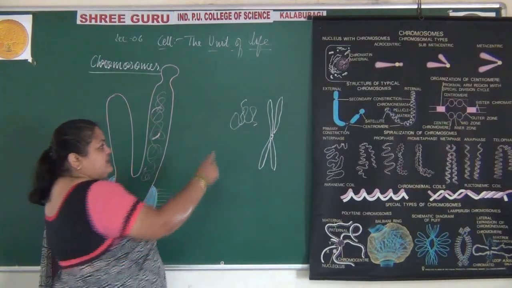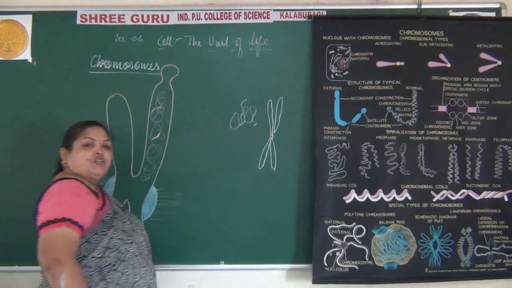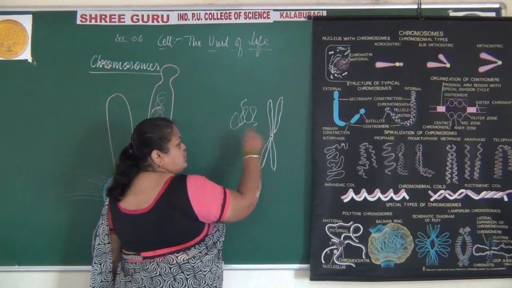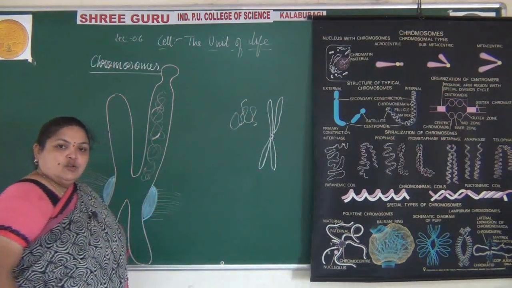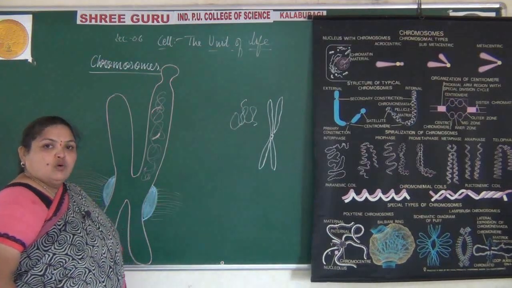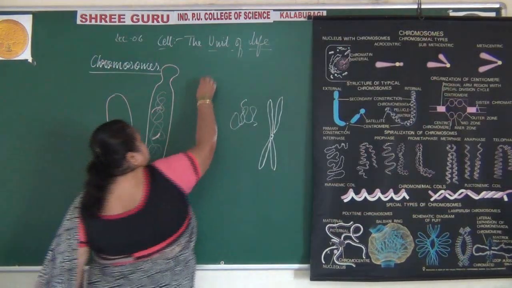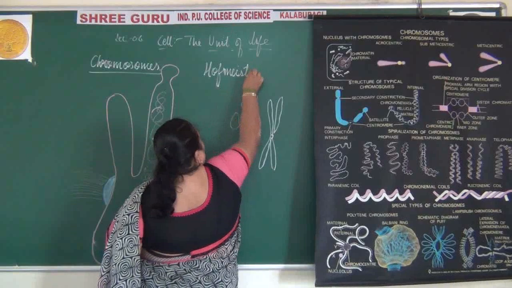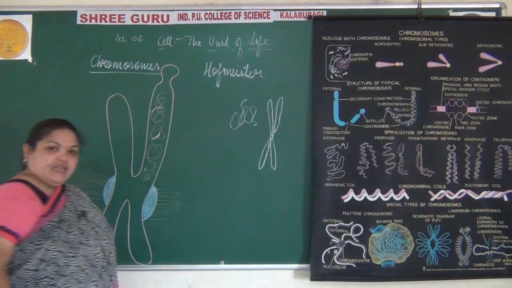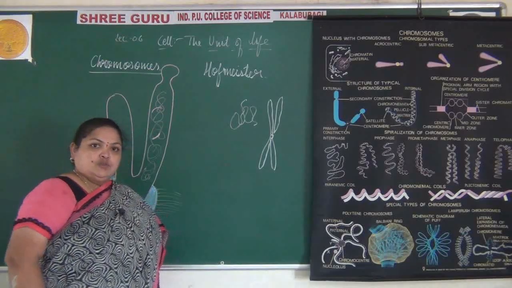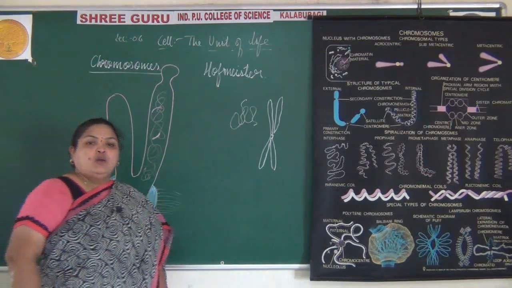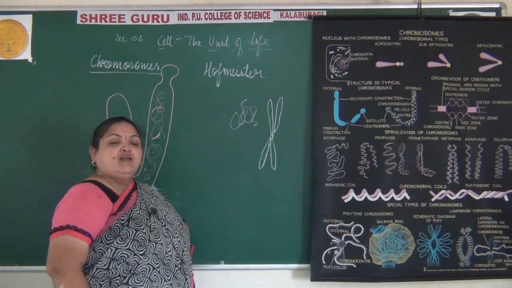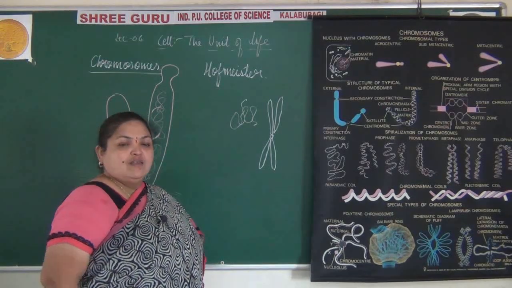The chromosomes' complete structure was discovered by the scientist Hofmeister, who gave the complete structure of the chromosomes. These chromosomes can be observed clearly in the metaphase stage of the cell division.